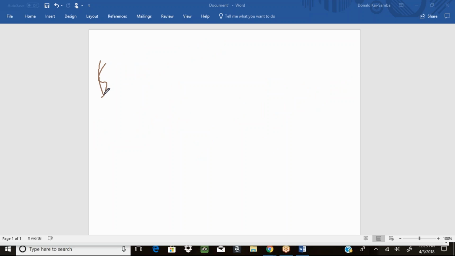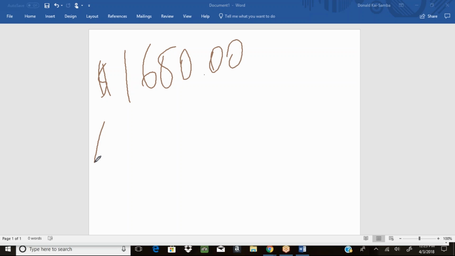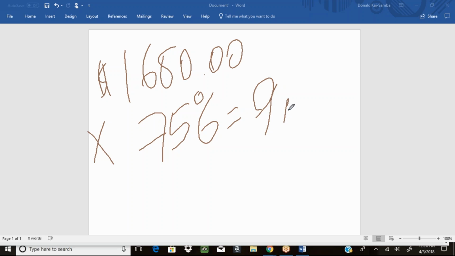Now, we want to see how much you're going to get advanced. So we take $1,680 and we multiply that by 75%. Okay, 75% at any given moment equals 9 months.